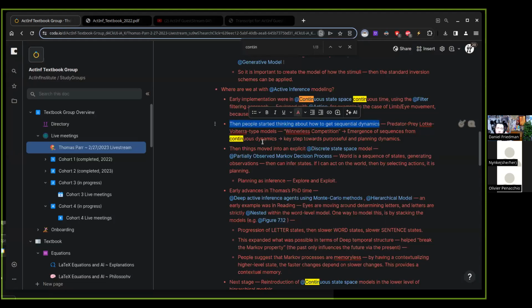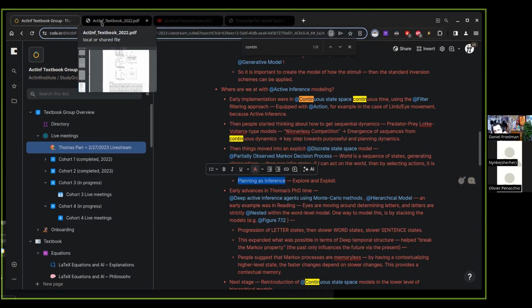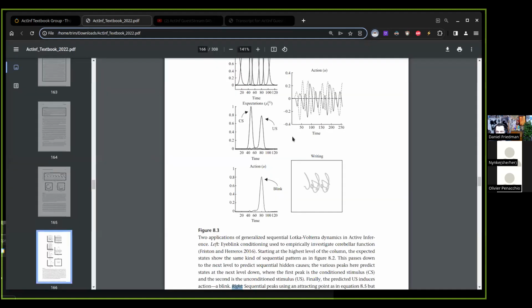But then the desire to explicitly sequentially encode beliefs and to engage in explicit planning as inference motivated the work in discrete state space models, where planning as inference is a more natural fit. Of course, by the end of the chapter, we're going to be merging these two different kinds of models together.